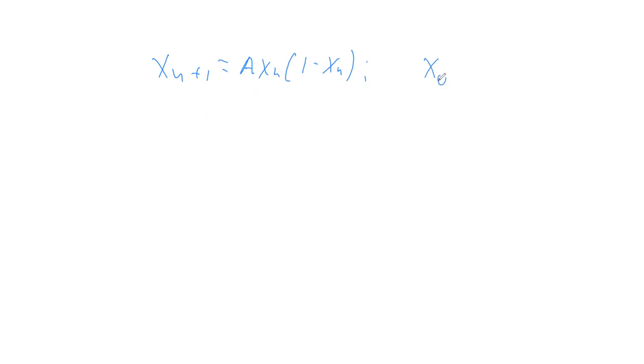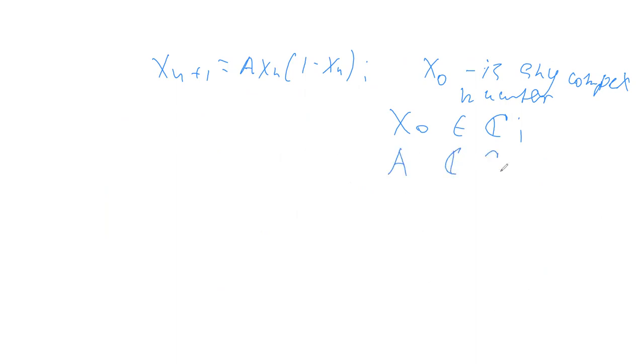Now, x naught is any complex number, so x naught belongs to C. And A is also, let's put it like this, any complex number. So this is what we do.